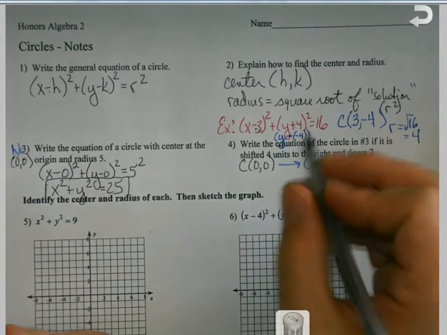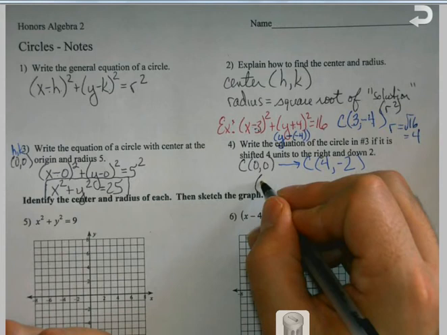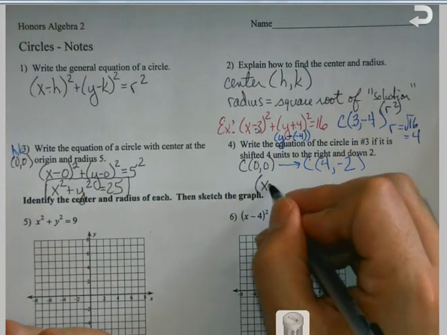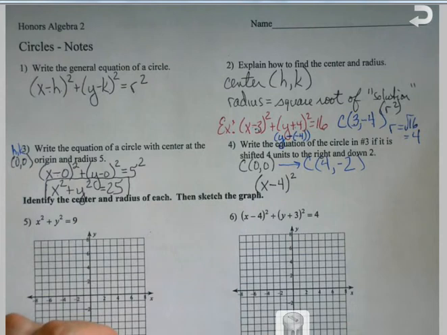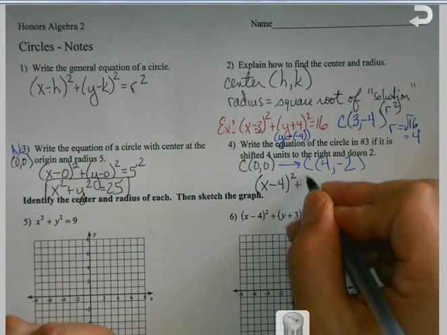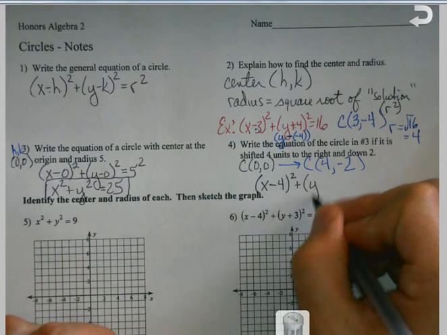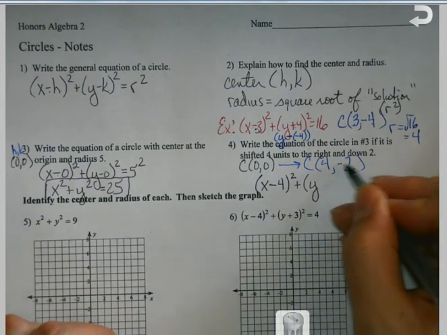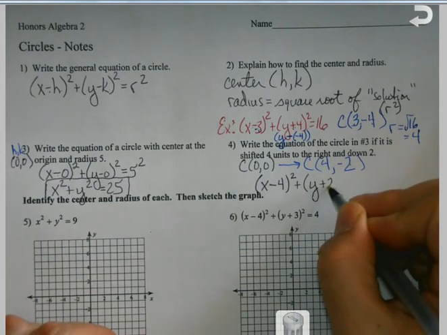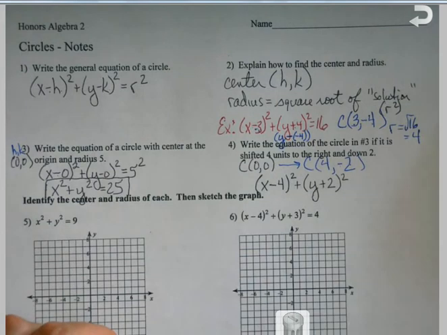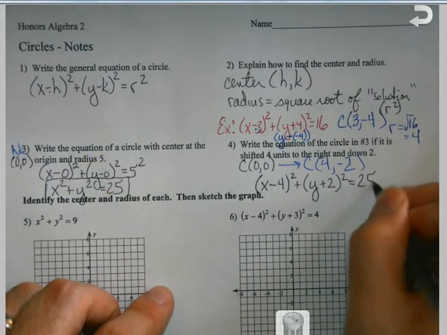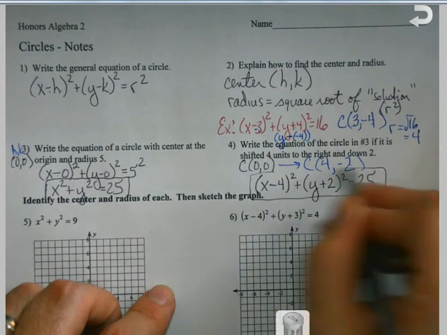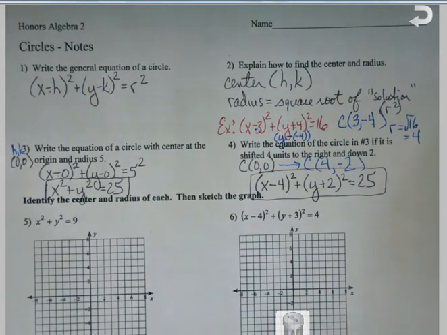So when I go to write my equation, again, it's (x minus h) squared, so again, it's like the opposite of what you see, plus (y minus -2), and minus a negative will make that plus, squared. But my radius is still 5, so this is still going to be 25. And I'm ready to go.